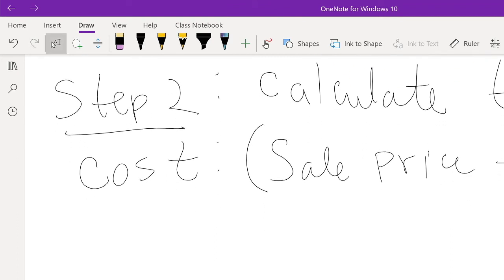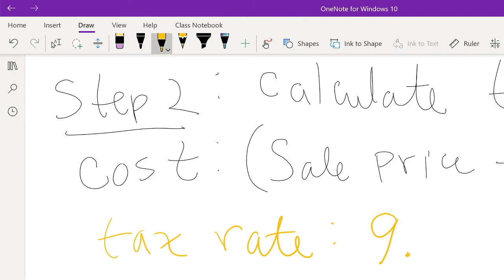In order to calculate tax, we first need the tax rate, which was given to us in the problem. The tax rate is 9.2%.